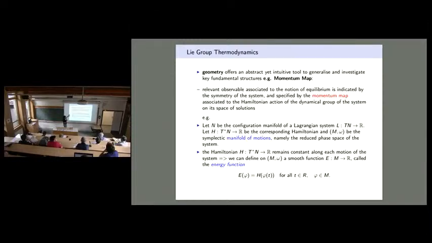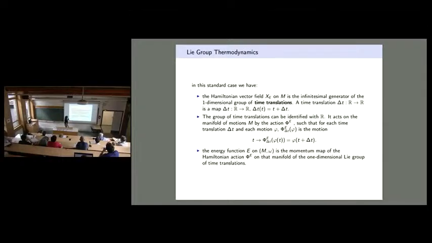Then you reduce to what Suryo calls the manifold of motions, which is basically in one-to-one relation to what I was calling the physical phase space. And inside this space, I can define an energy function basically in terms of the Hamiltonian evaluated on the motions, so on the solutions. We are on shell in this sense, as we say in physics.